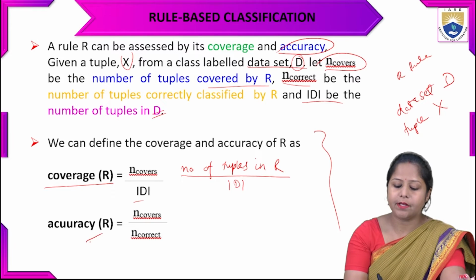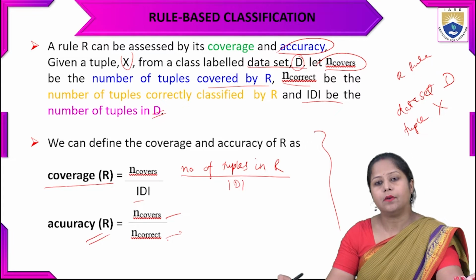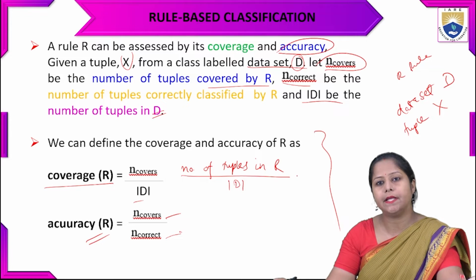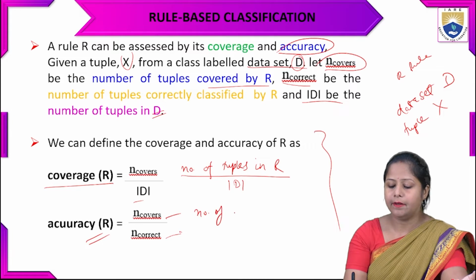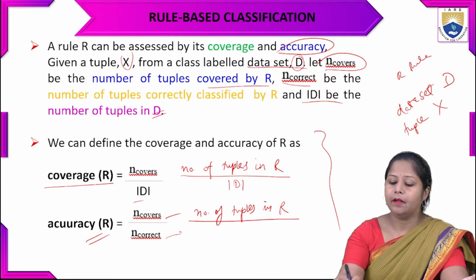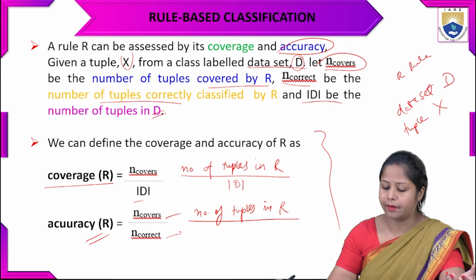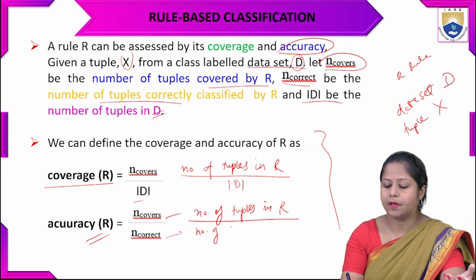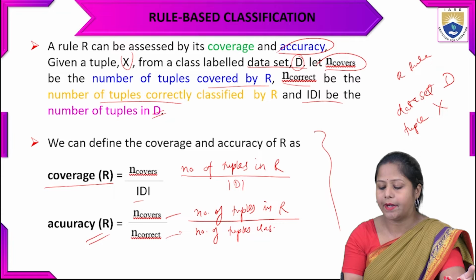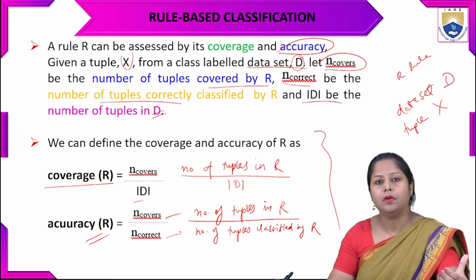And the accuracy of the rule is n correct divided by n covers, the number of tuples correctly classified by the rule R, divided by the number of tuples covered by R. So by these two formulas we are going to obtain the coverage and accuracy.